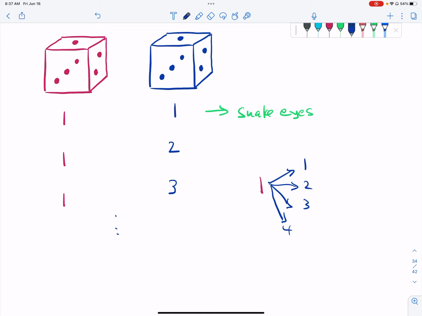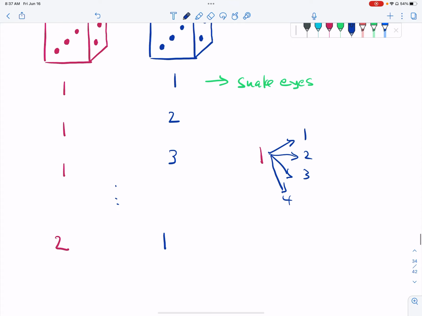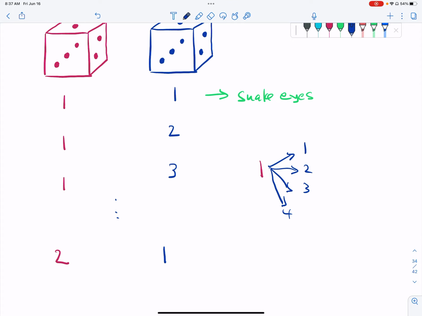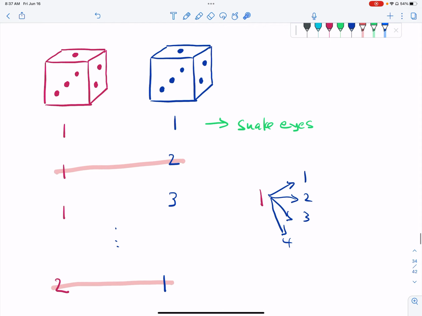Okay, and then once you have gone through all of the number 1s on the red die, then you switch to the number 2. So you go 2, and then over here you have the number 1. And then you might be going, yeah, but I already listed that one. I listed that one right up here. But did you really? And the answer to that question is no. That's the whole reason why I chose 2 different colored dice.